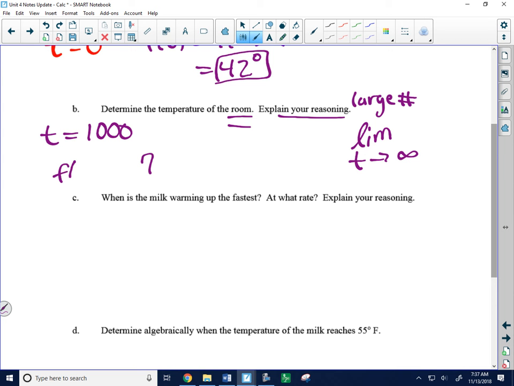Anyways, we'll just do f of 1,000. So you guys could evaluate that for me. Yeah, plug it into your calculator and see what you get here.